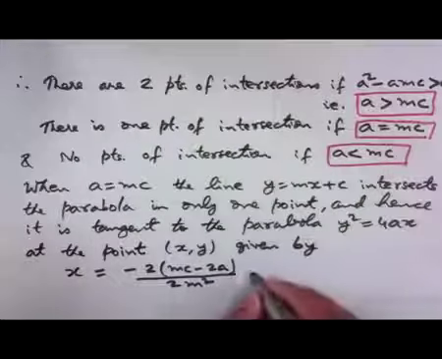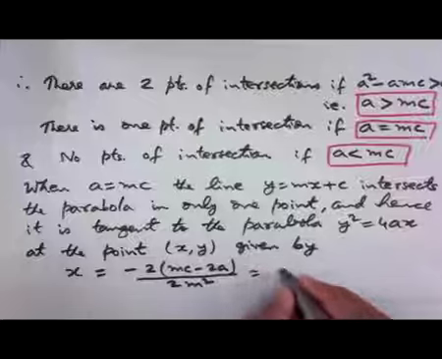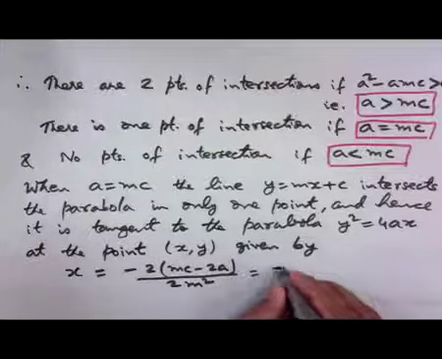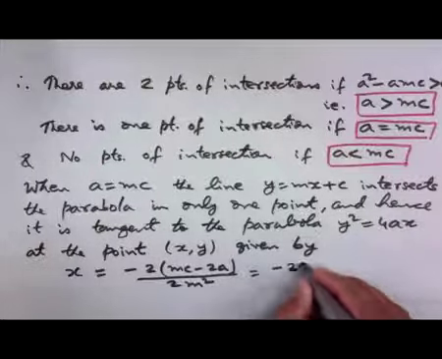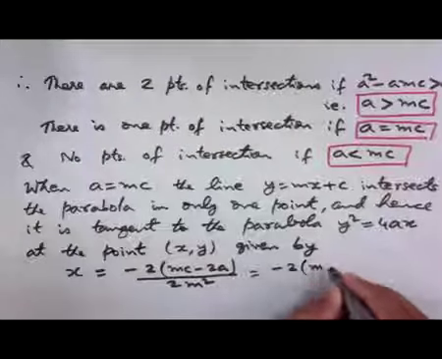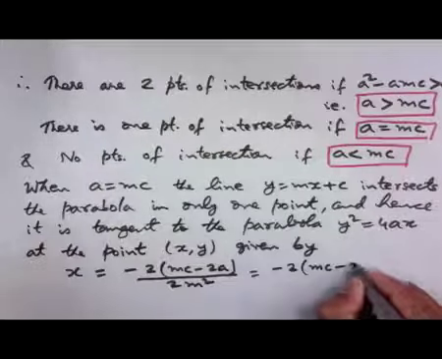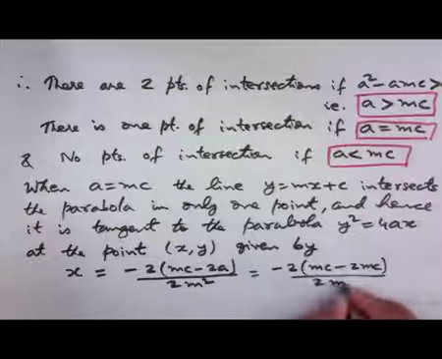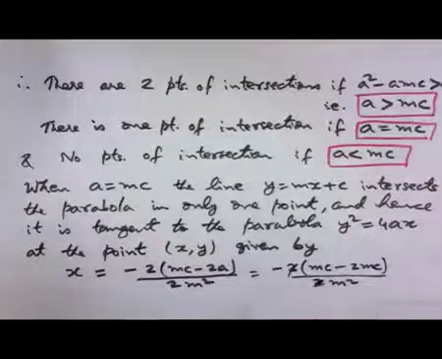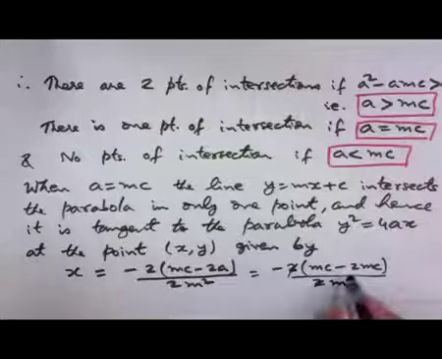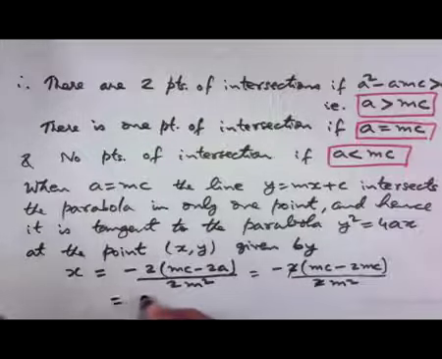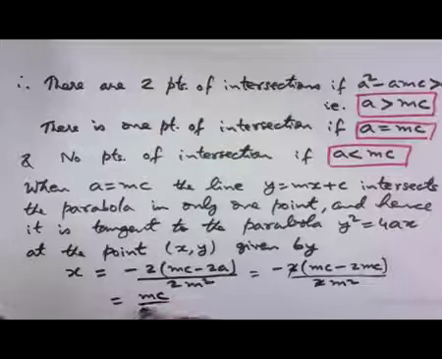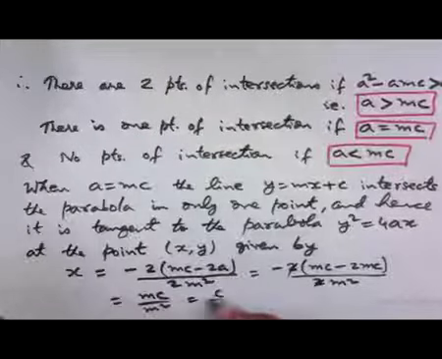So, we can write this as minus 2 m c minus 2 m c divided by 2 m square. So, we get this is equal to m c divided by m square or c by m.